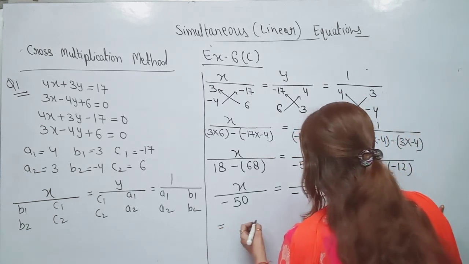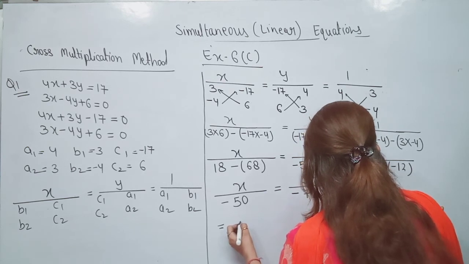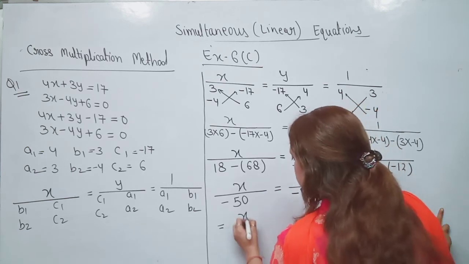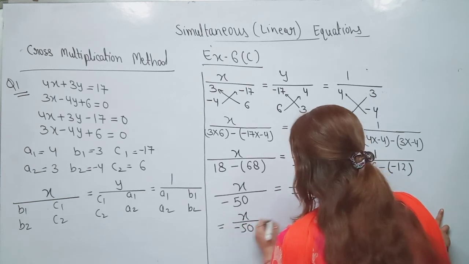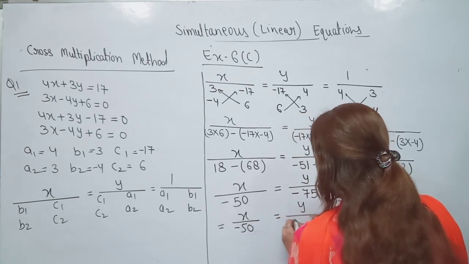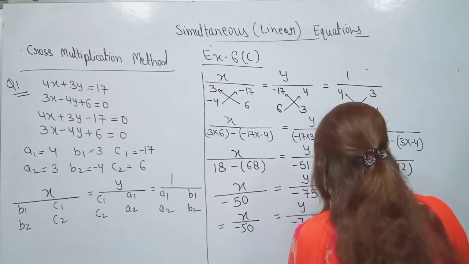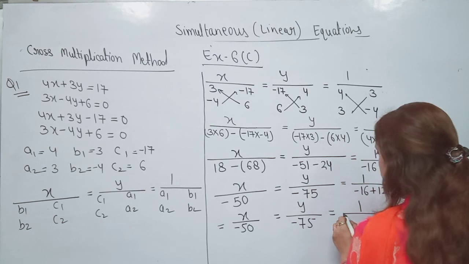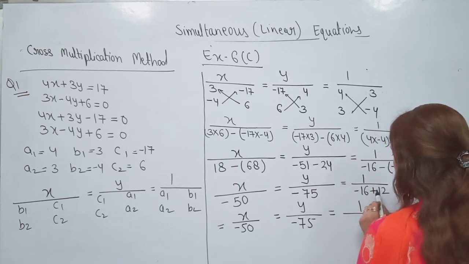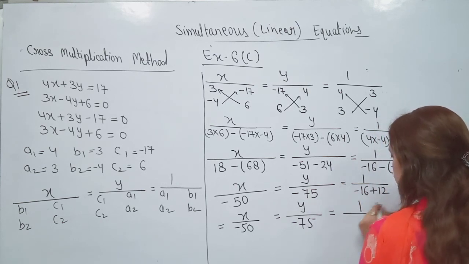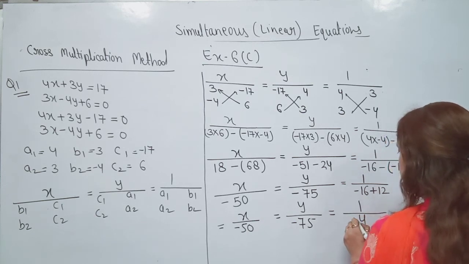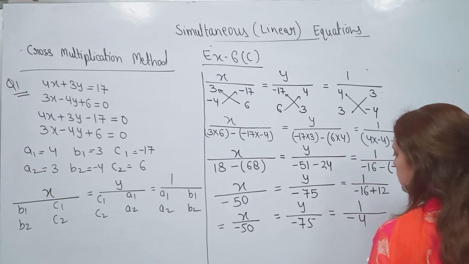So it will be x upon minus 15 is equal to y upon minus 75 is equal to 1 upon minus 4.